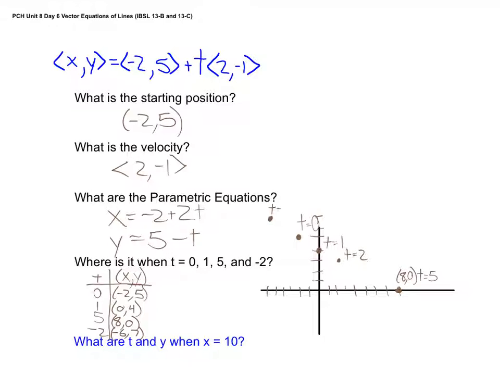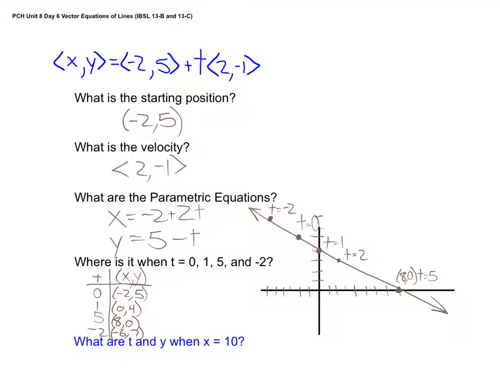So there's t equals negative 2, and you can see there's our line.